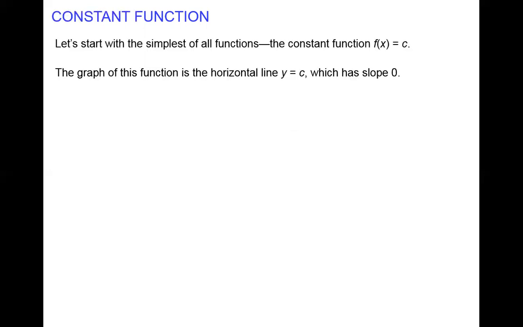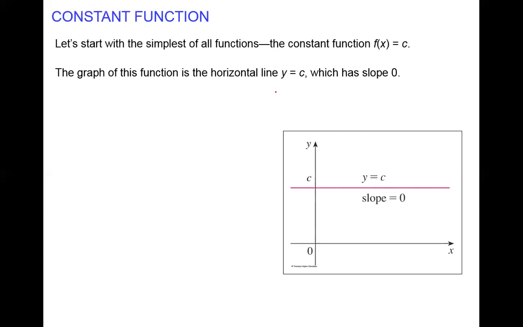I really would like to hear the answer like that: because a constant function is represented by the horizontal line, and the horizontal line has a slope 0. The slope of the line is the derivative of the function. That's what I would like you to know. The slope of the horizontal line, constant function, is 0, and that's the derivative.